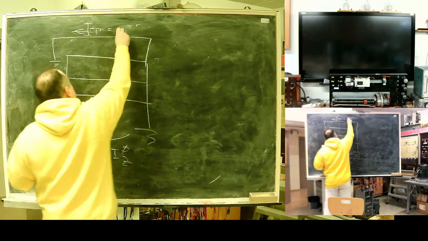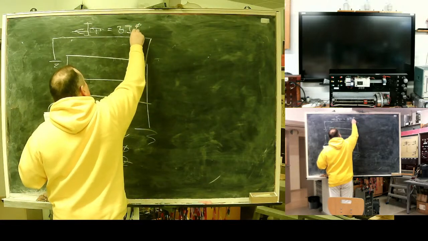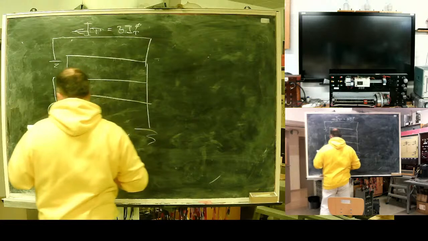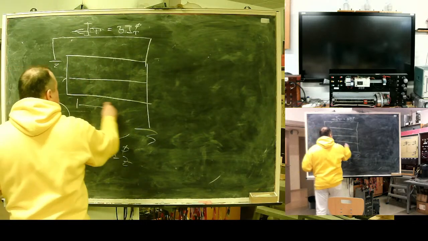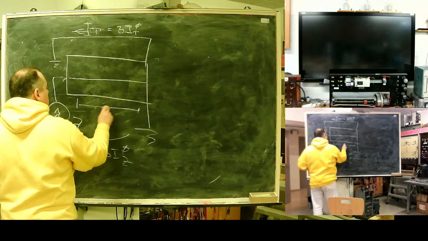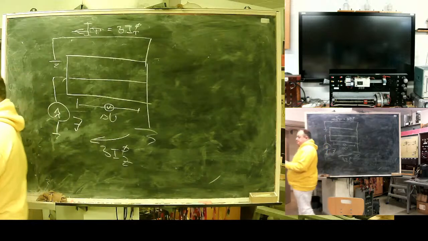I will write it as triple zero. And I need what? Delta voltage drop.